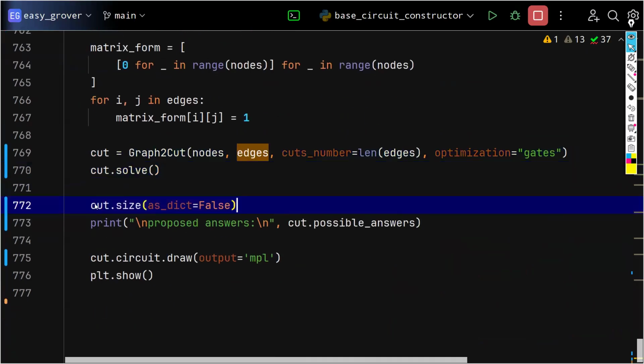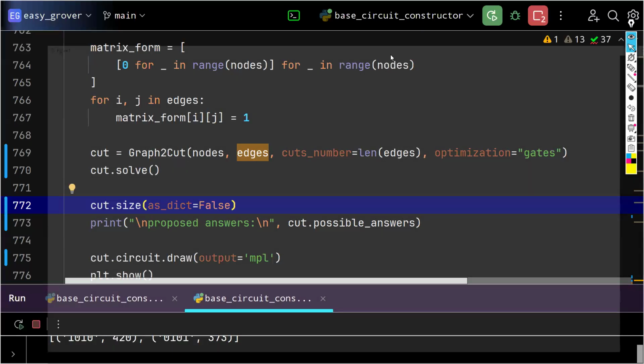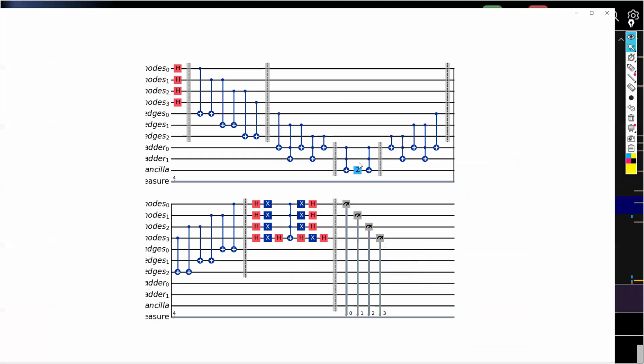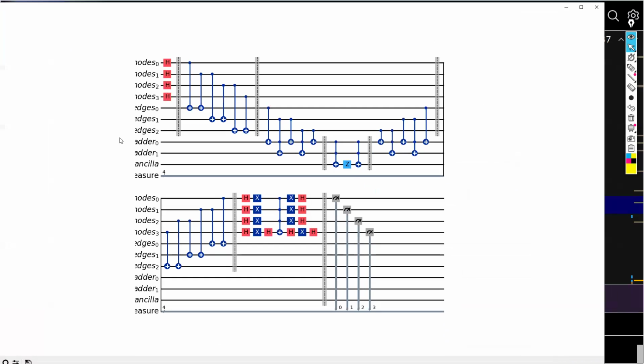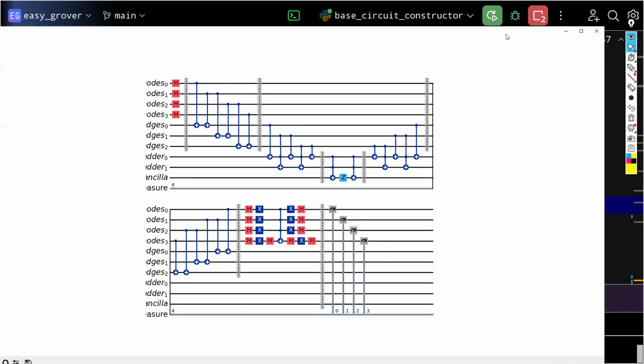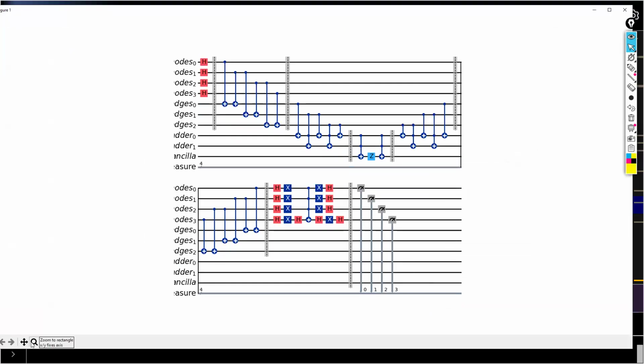I also have something else to show you, which is actually my circuit. You see that it is way more complicated than what you have seen during this course. There is good reason for it, because there are many more operations that we would need to do. But there are some operations that are similar.